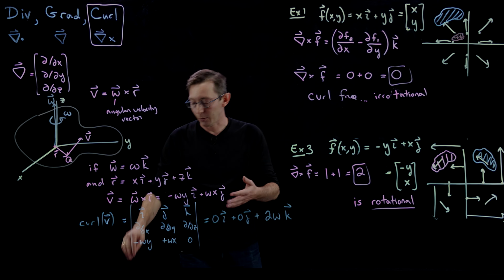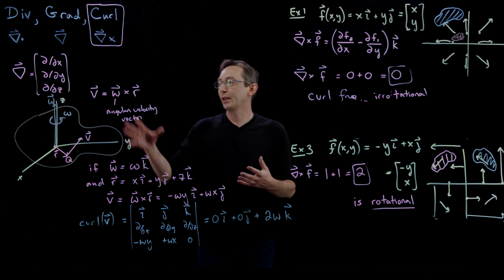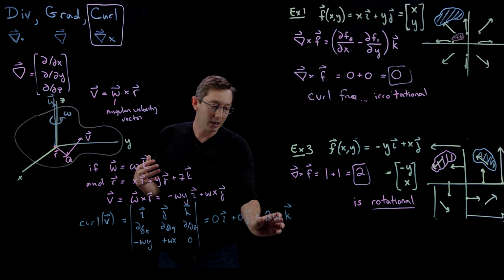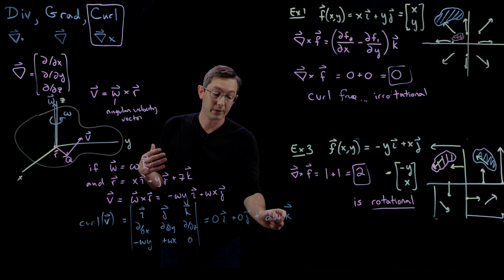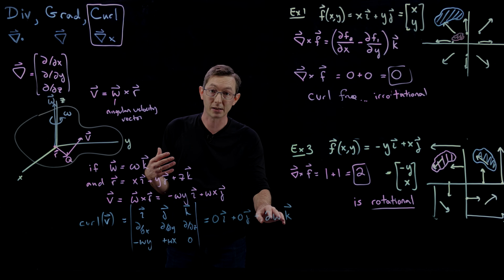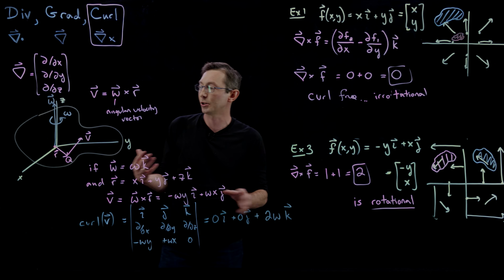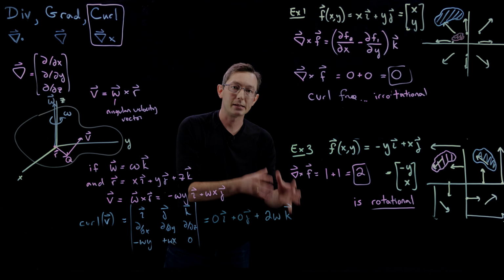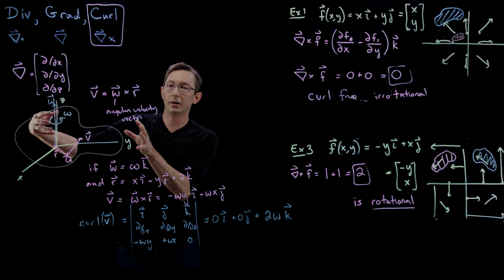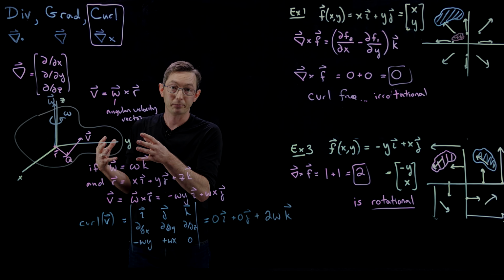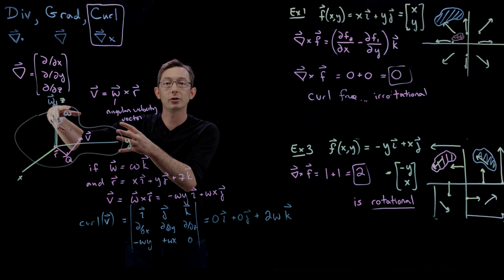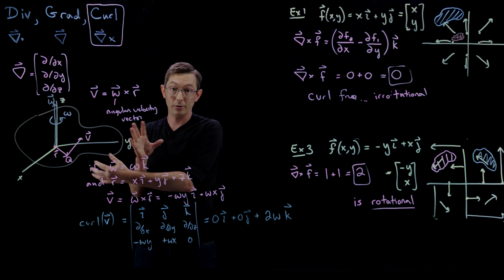So that's a really powerful, intuitive definition of curl, is that a positive constant curl, this is just a constant, this is not a function of x, y, and z, it's a constant in the k direction. A constant positive curl is associated with a solid body rotation. Literally, like the geometry of this body doesn't deform or change as it's rotating.